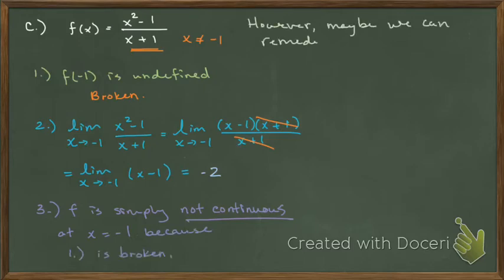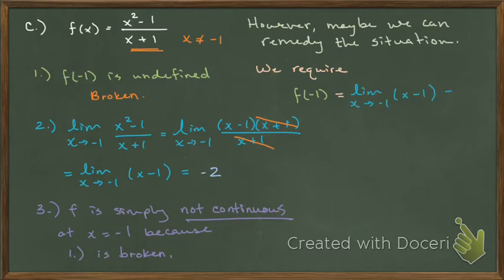Maybe we can do something. Maybe we can remedy the situation by redefining a function that is continuous at -1 by kind of filling in that hole. So let's say that we're going to require that the function at -1 should be the same as the limit. So what that means is that f of -1 has to be equal to -2.